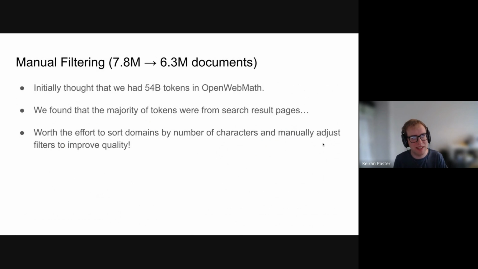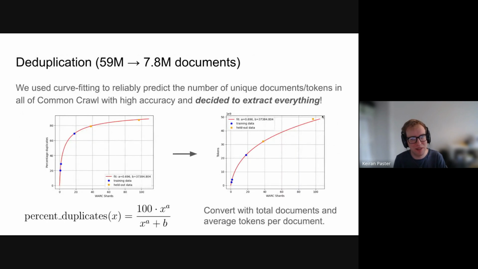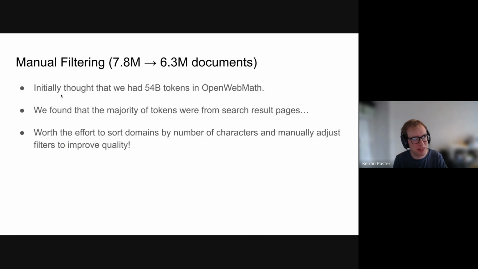Finally, as you saw back here, we had around 50 billion tokens. We initially thought we had 54 billion tokens in OpenWebMath. After some beta testing, we quickly realized there was a problem: the majority of these tokens were from search result pages.